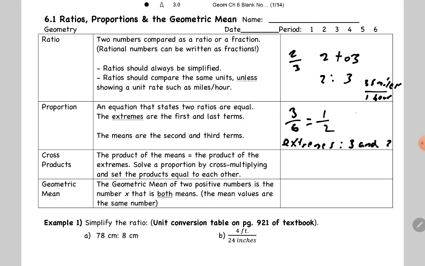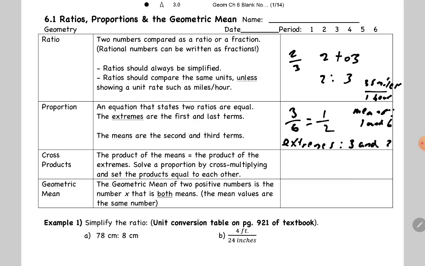And the means would be the bottom left and the top right, which are 1 and 6. This is very important for finding the geometric mean, but more on that later.